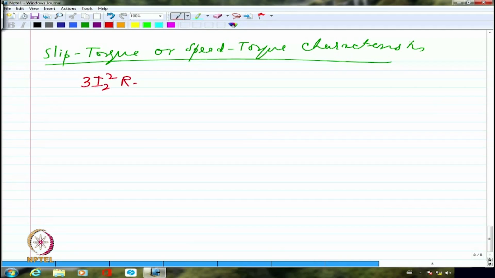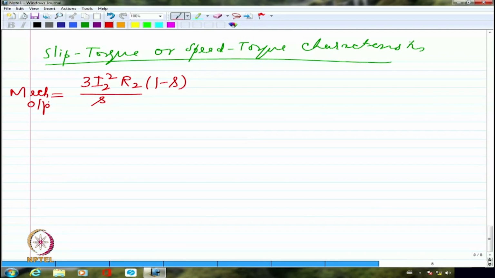3 I2 square R2 by S into 1 minus S. Please see the 3. Never forget the 3 when you are doing the induction motor problems, right? We do everything per phase, multiply by 3. So this is going to be the mechanical output, right?